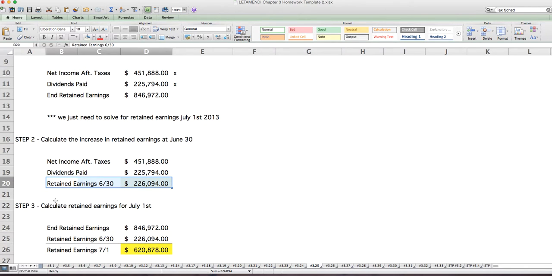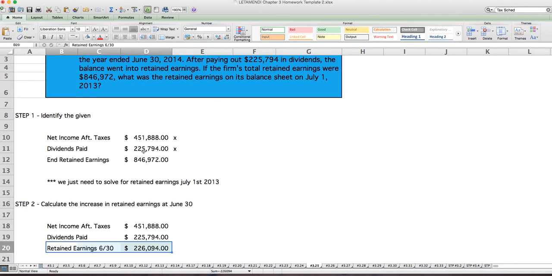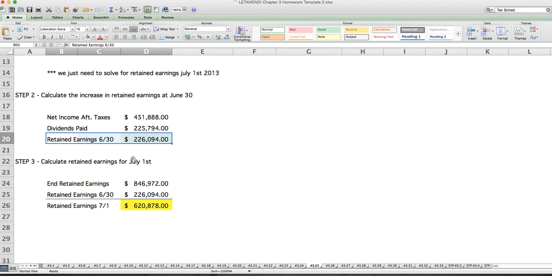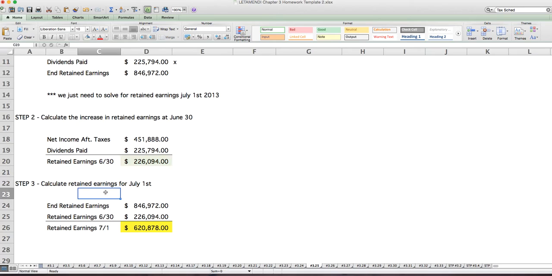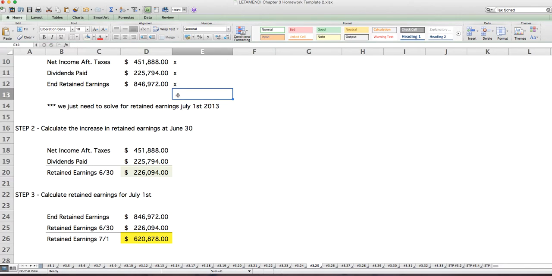So now in order to calculate the retained earnings for July 1st, which is, by the way, the day after but the year prior, not a super important fact, but just a little bit of verbiage to keep in mind. Calculate the retained earnings for July 1st. So we know that the end retained earnings was 846K, which was given from above, right?